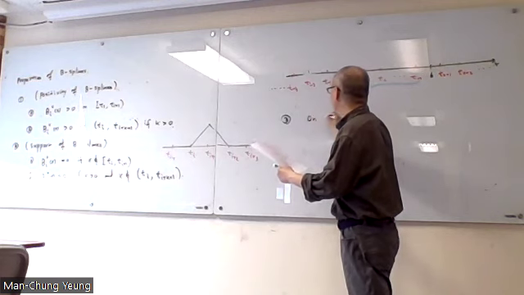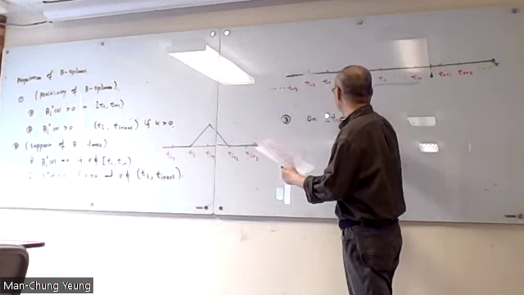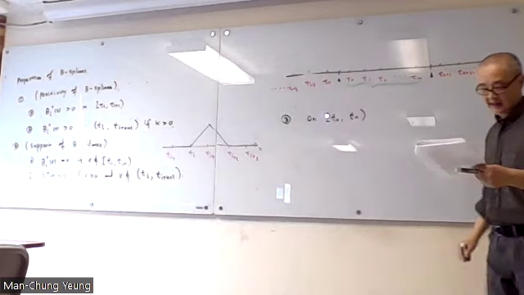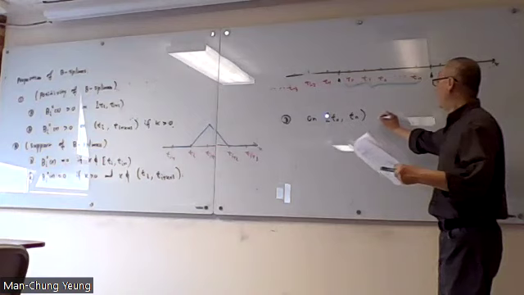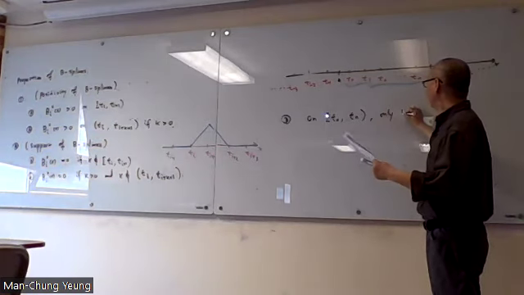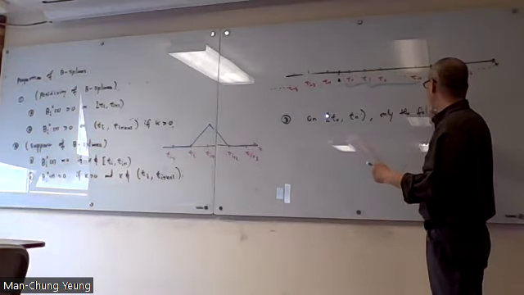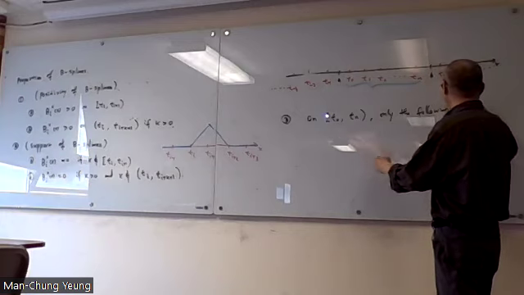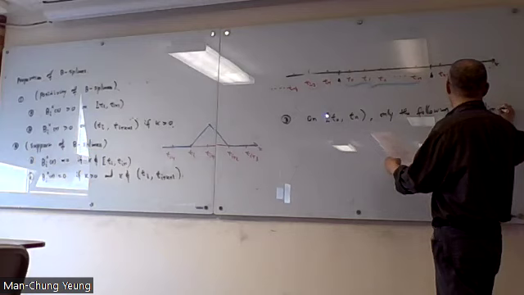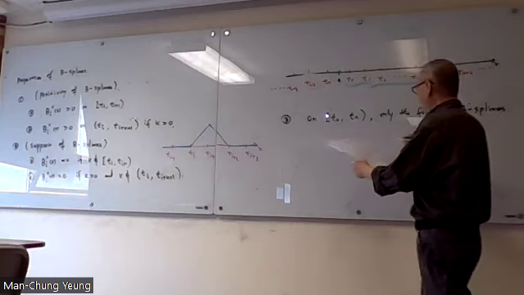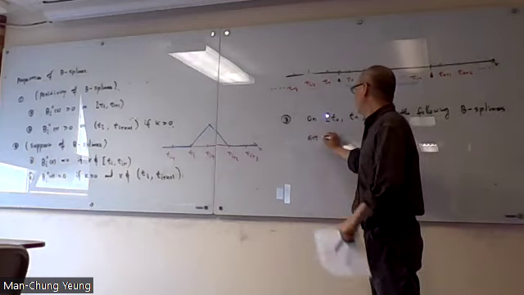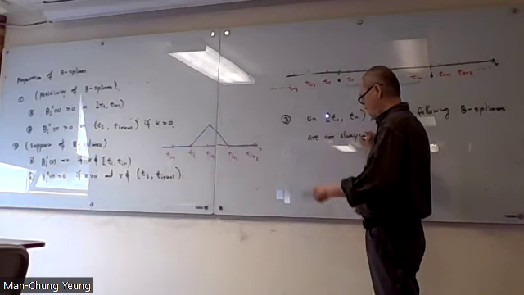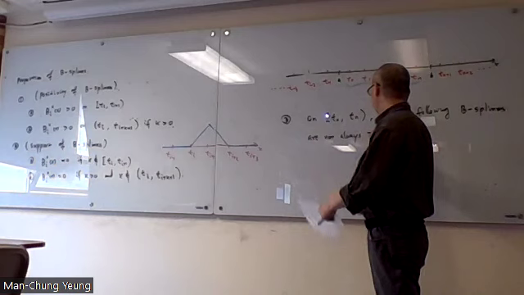On this interval t0 to tn, only the following B-splines are not always zero.